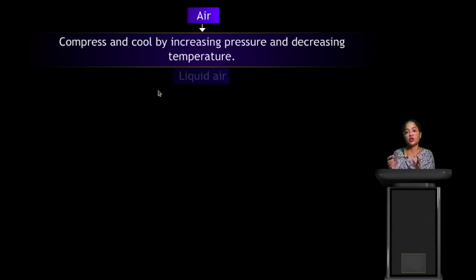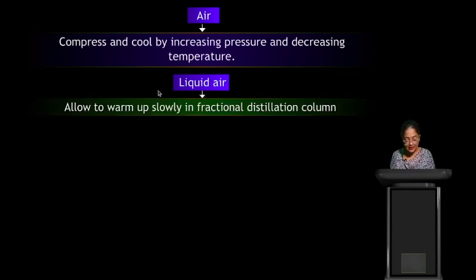You take air, you apply pressure to compress it, and you decrease the temperature, so the air is cooled down. What happens when the air is cooled down? It is liquefied. So now you have liquid air. First you had it in the gaseous form, it is compressed and cooled, then you have liquid air. Then you allow it to warm up slowly, in the fractional distillation column.